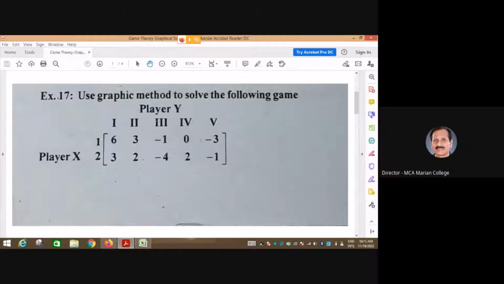So it's a 2 by 5 matrix. Using graphic method, we can solve this problem.